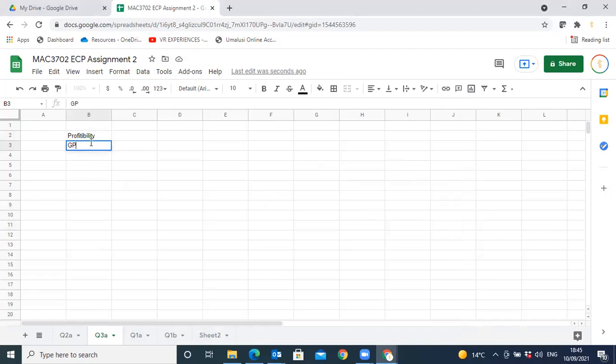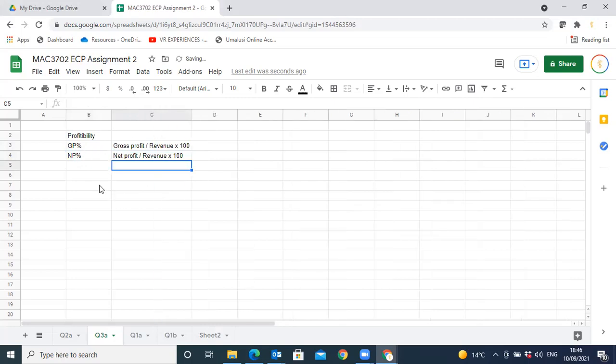We'll use the gross profit percentage, which is basically gross profit divided by revenue or sales, whatever it is, times 100. The next one would be net profit percentage, which would be net profit divided by revenue times 100.